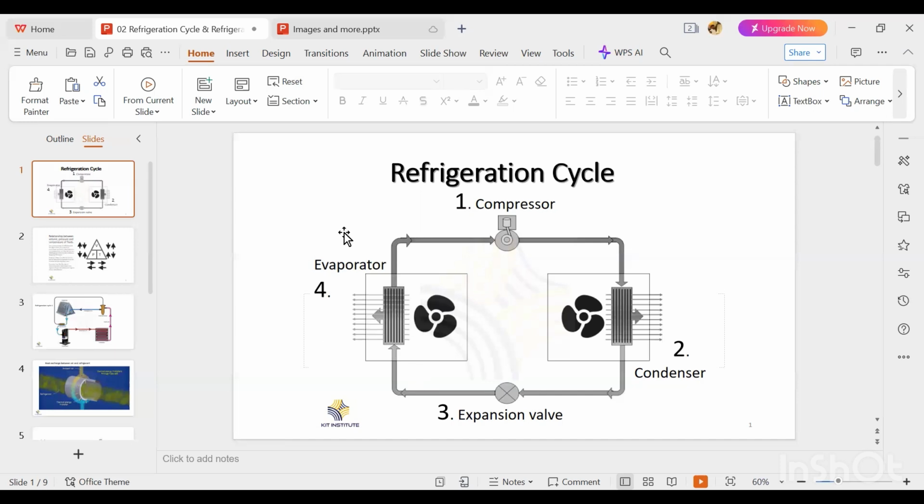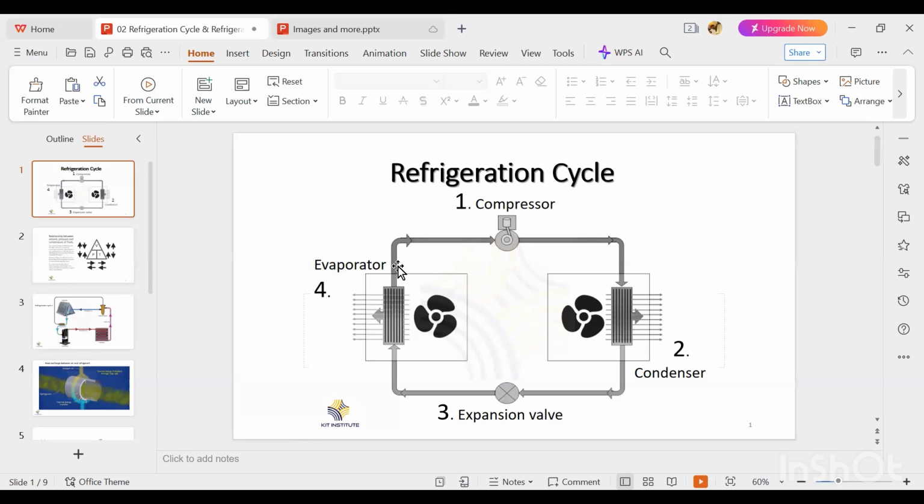Now the evaporator is the coil or the heat exchanger that is going to be inside our rooms to cool the air, or this is the coil that will be inside the refrigerator to cool the foodstuff. From there, after cooling our air, the refrigerant continues.